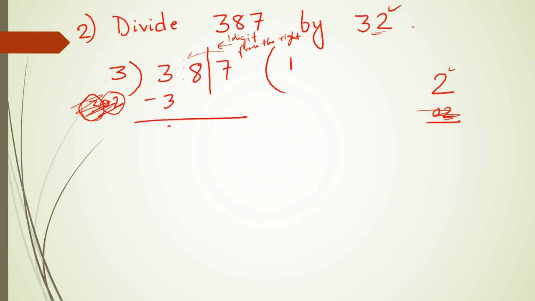What we get is 0, right? 8 will come down here, right? And as I said, 1 will get multiplied by this 2. So 1 times 2 is 2. So we need to subtract that from here. We get it as 6, right?